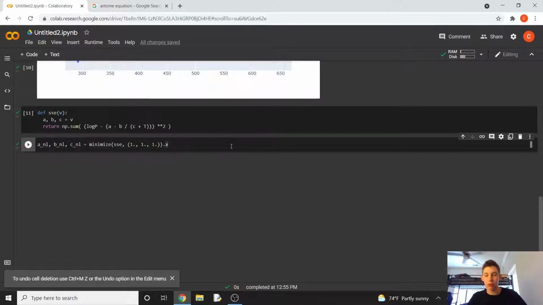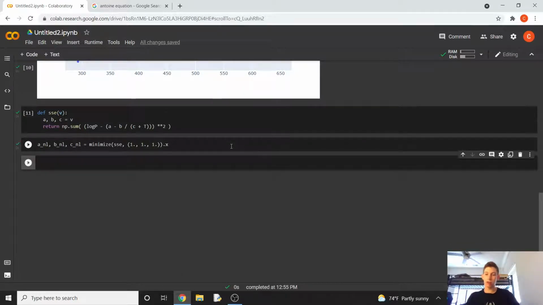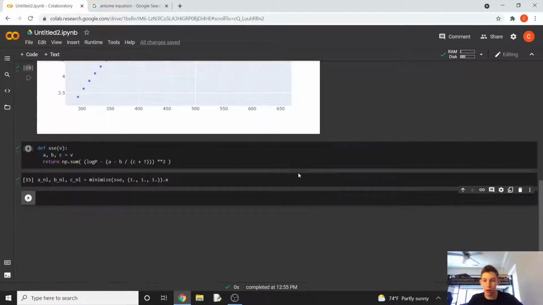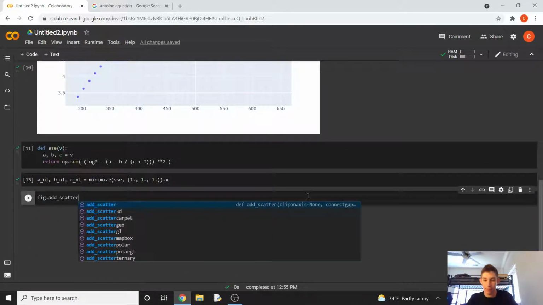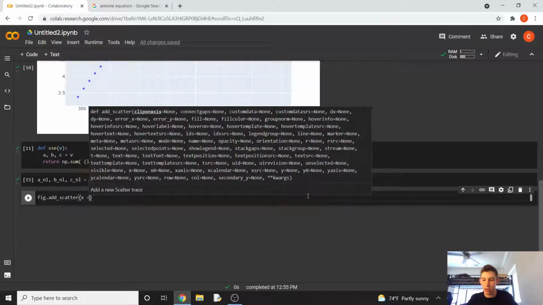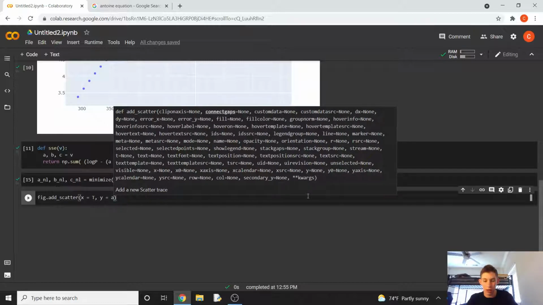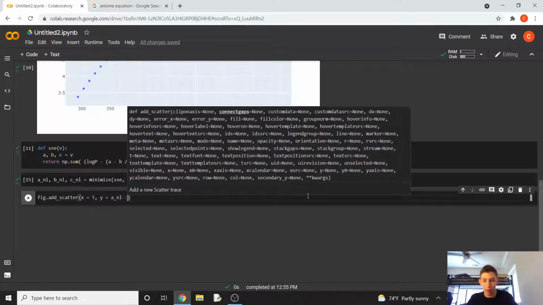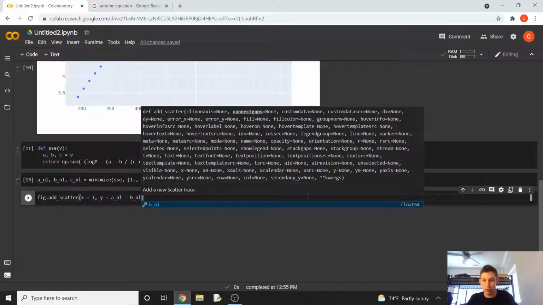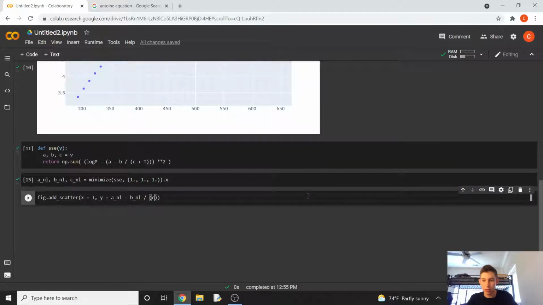So now that we have the coefficients, we can plot them here on this graph. So fig.add scatter. So our x is going to be the temperature still. Our y is now going to be a nonlinear minus b nonlinear divided by c nonlinear plus t.